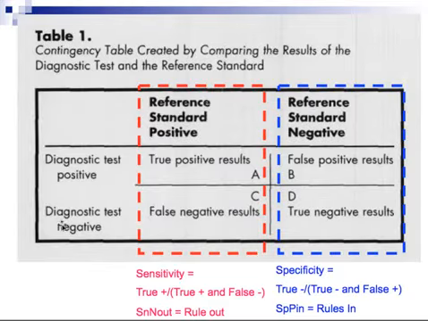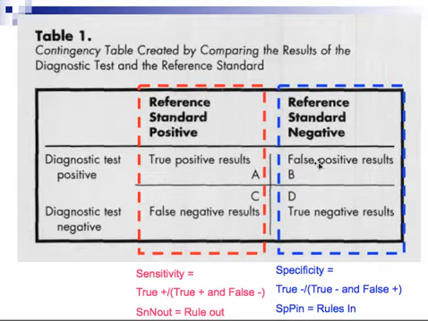So when the diagnostic test was negative, this second row and this second column, those are where the true negatives lie. And then the mistakes, where the diagnostic test said it was positive, but in fact it was negative, are represented in this first row of the second column here.